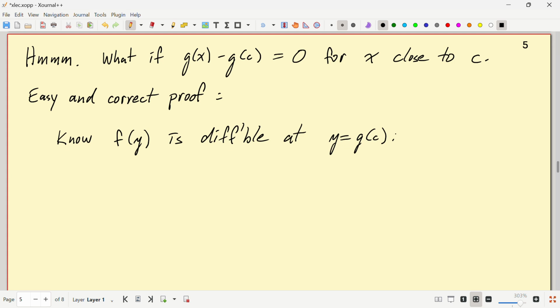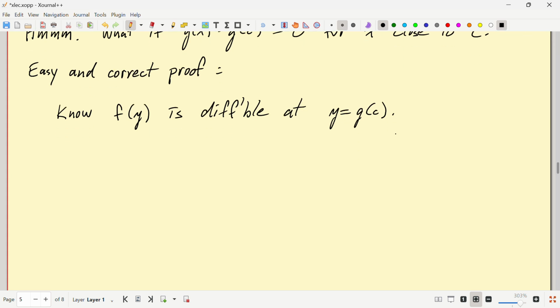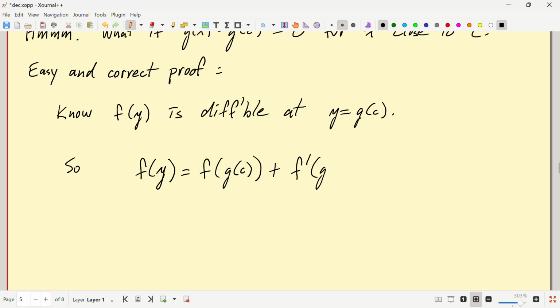And so that thing I did earlier, I wrote that f of y is equal to f of g of c plus f prime of g of c times y minus g of c, plus an error function, e of y, times y minus g of c.